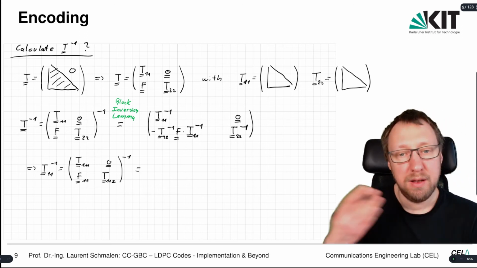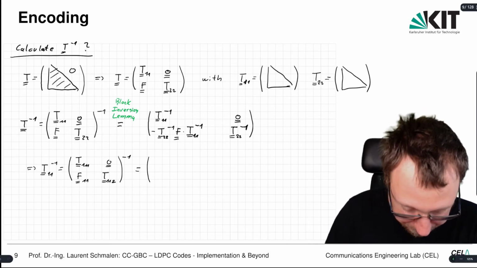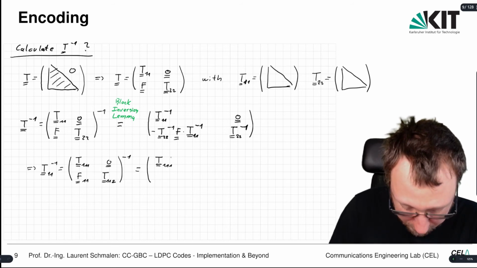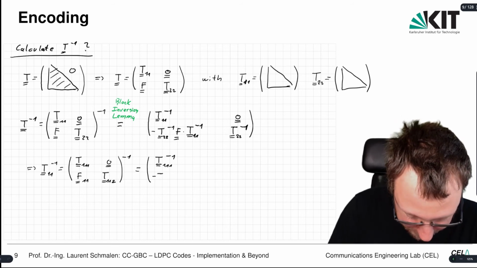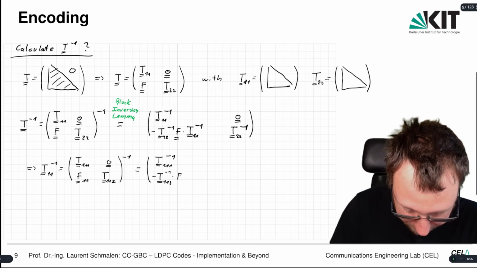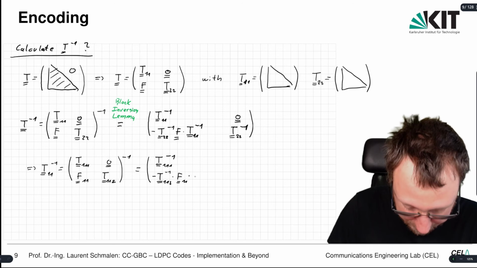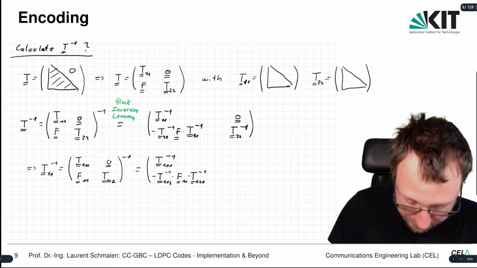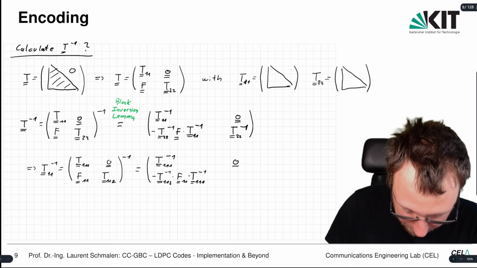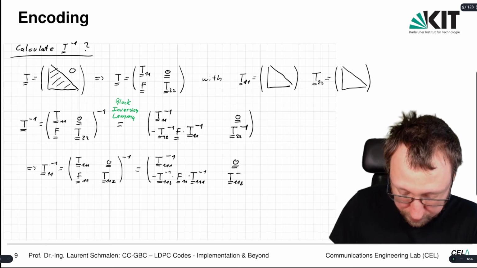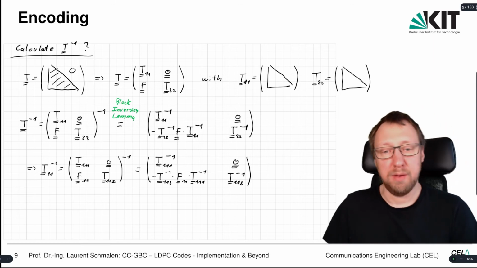Again, you apply the block inversion lemma and you get T111 inverse minus T112 inverse times F11 times T111 inverse. Then you have 0 up here and you have T112 inverse on the bottom.